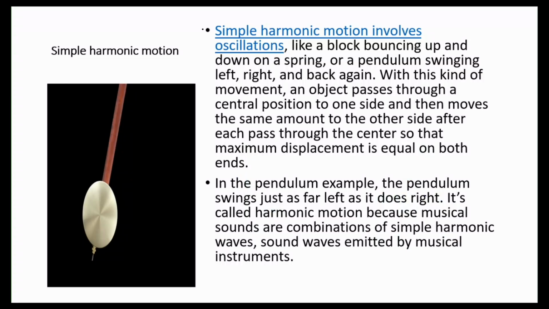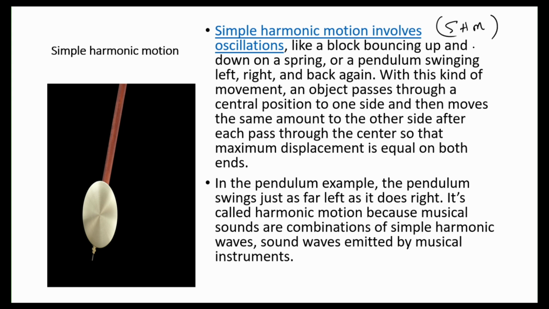Simple harmonic motion, we will call it simply SHM. When a body is in periodic motion, like a block bouncing up and down on a spring, or a pendulum swinging, you observe this pendulum in wall clocks, correct?